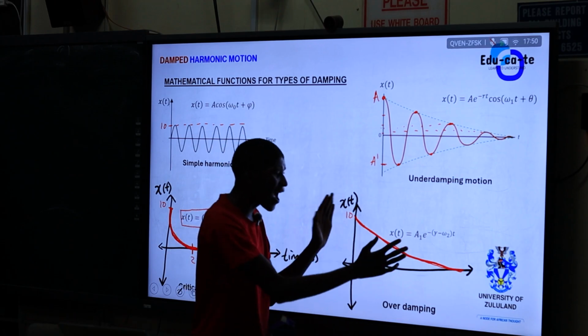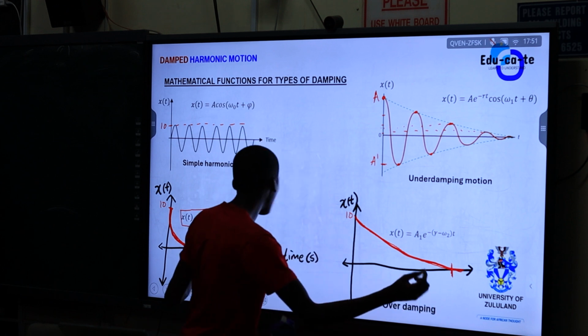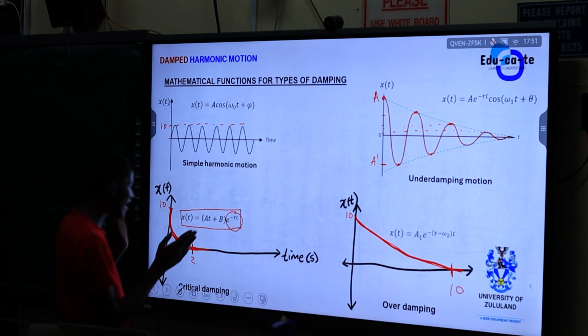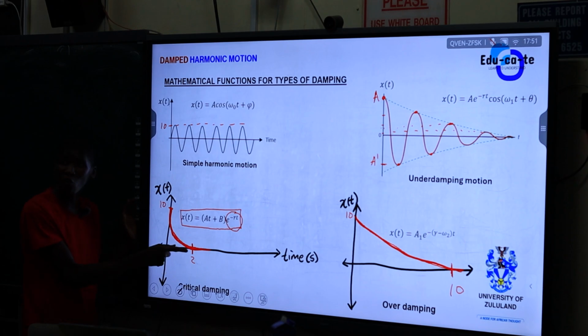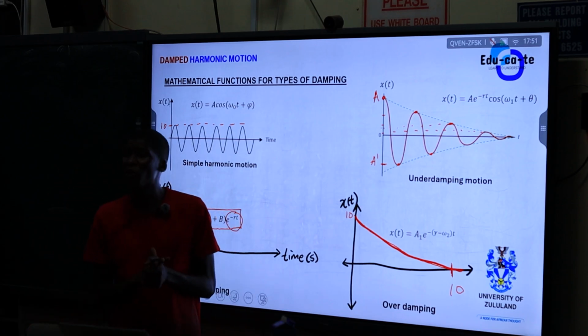Why is that? Because this one is going to take longer. The time it takes is probably going to be maybe 10, but for critical damping it will be 2, it will reach the equilibrium position quicker. All of those things you mention when you are explaining the concepts of this.